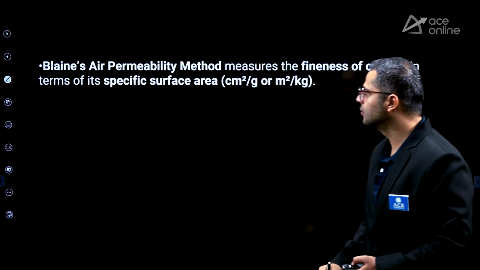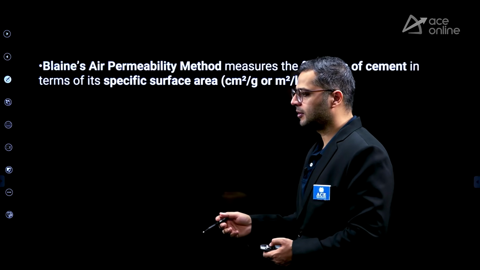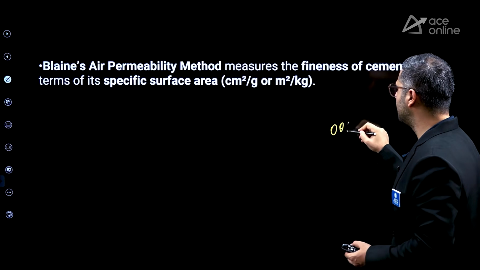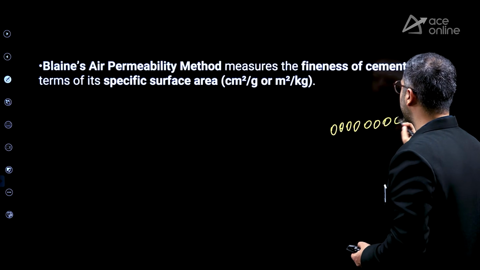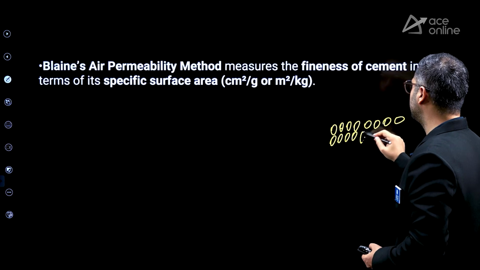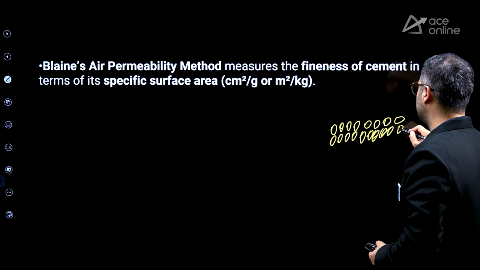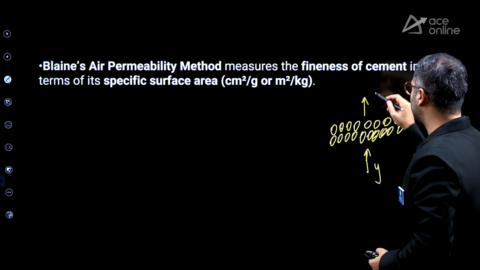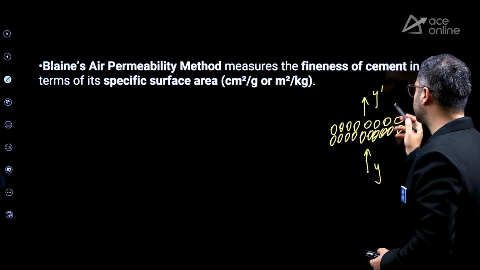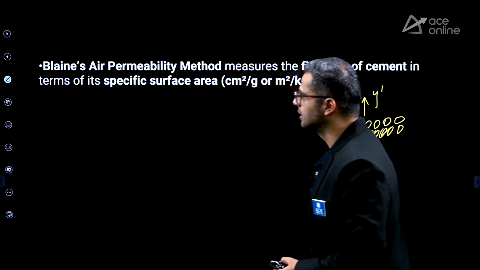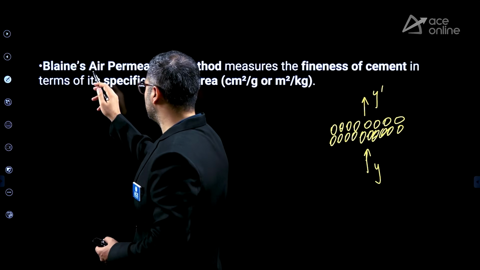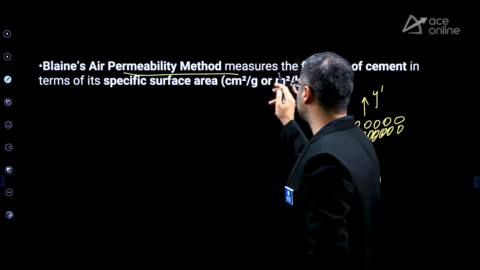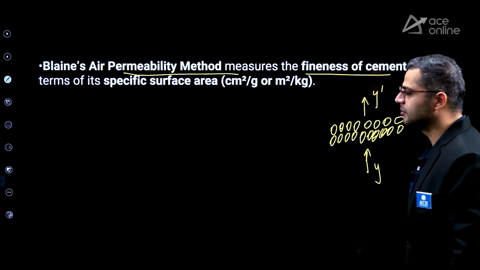Now in that, what you do is you just pass the air through a bed of cement, and you would see, let's say Y is the pressure head over here, and then Y dash is there. So you would see how much pressure head is being lost through that bed of cement.